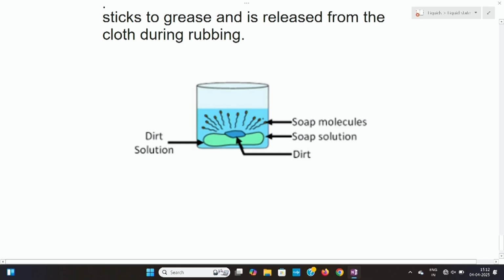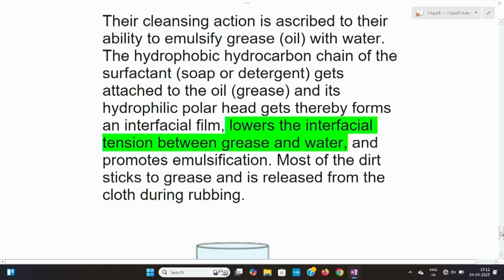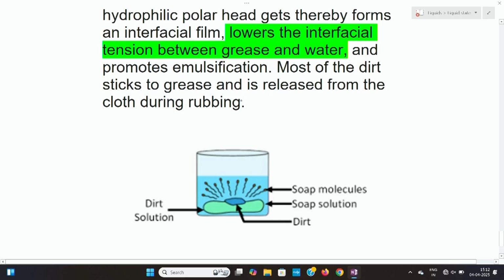Then what will happen? When it happens, the interfacial tension will reduce. Therefore, some interfacial layer will form, because here we have immiscible liquids. That means the water and the oil are there. Therefore, this is an immiscible liquid system. We can clearly identify water and oil.